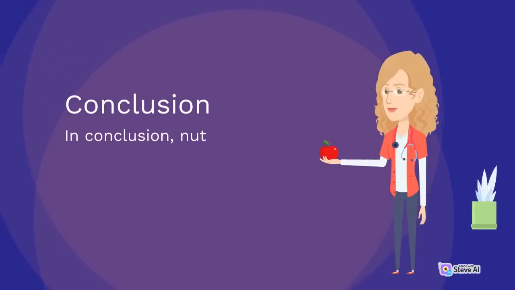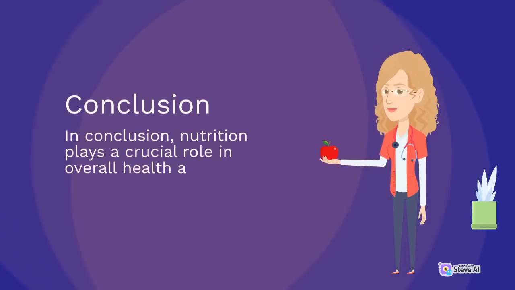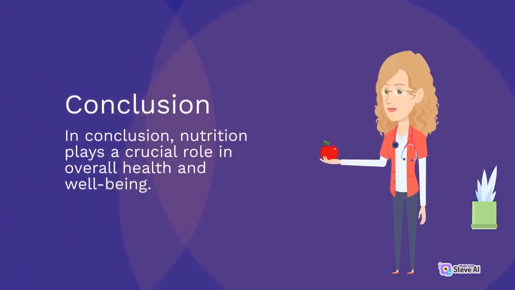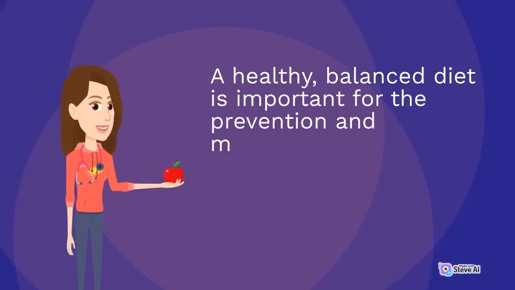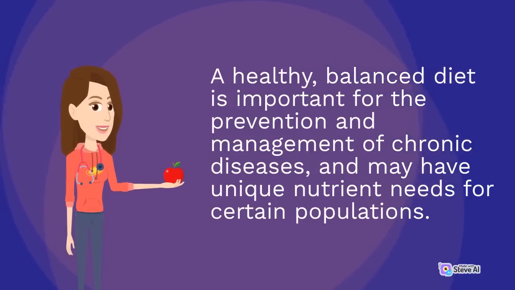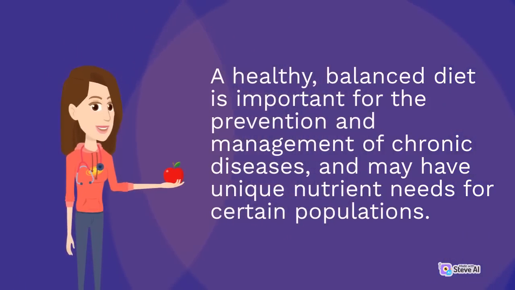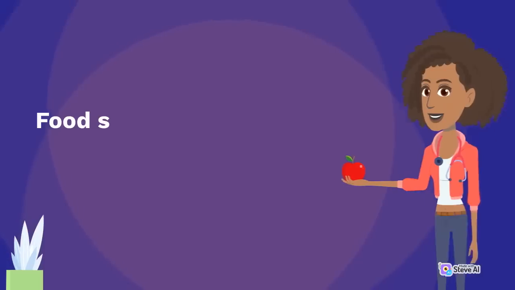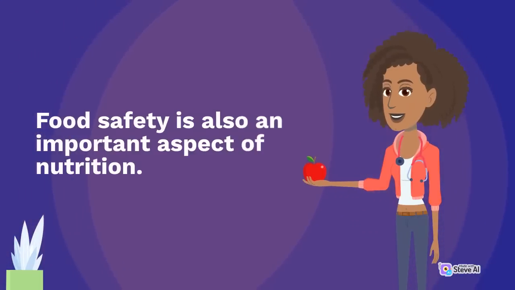Conclusion. In conclusion, nutrition plays a crucial role in overall health and well-being. A healthy, balanced diet is important for the prevention and management of chronic diseases, and may have unique nutrient needs for certain populations. Food safety is also an important aspect of nutrition.